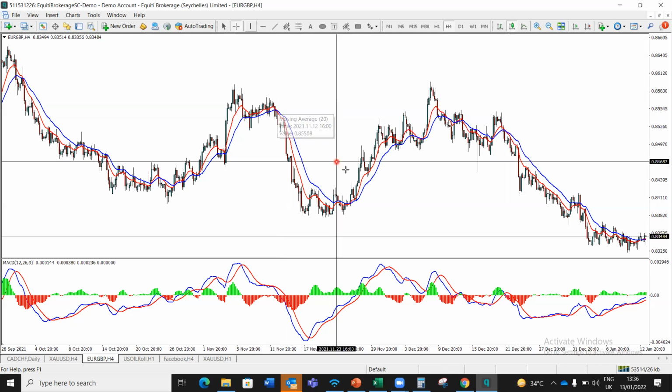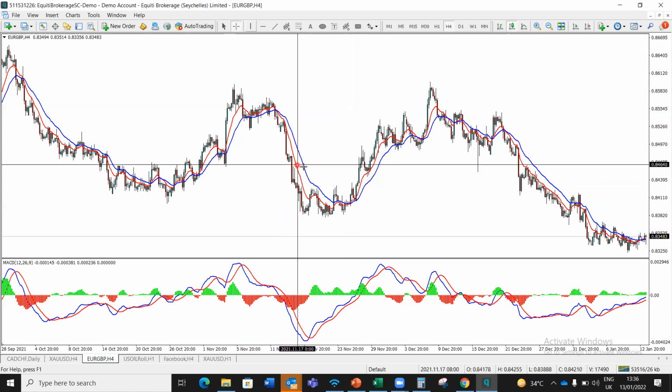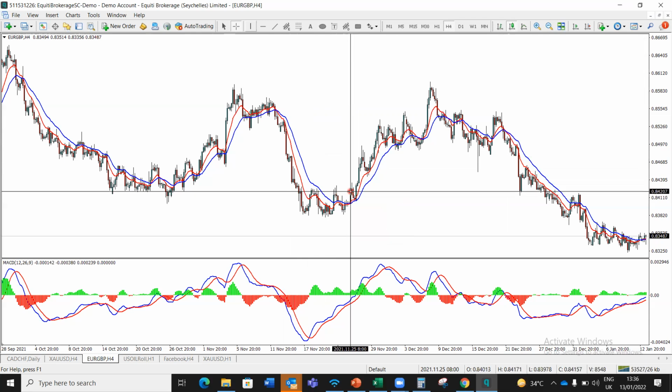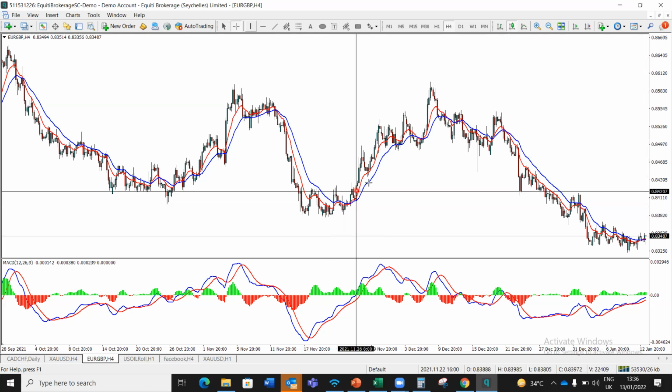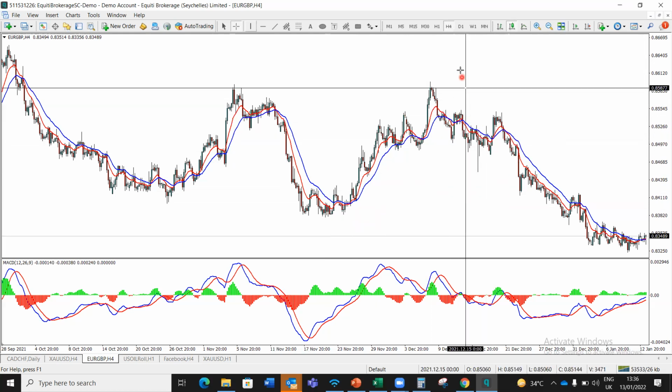If we were to trade this market and obey the crossovers, we would close our trades here, when we had the next crossover on the 25th of November 2021. That's about 2 weeks. So you need to understand, if you can't wait 2 weeks for a trade, or 1 month for a trade, then the H4 time frame is definitely not for you.